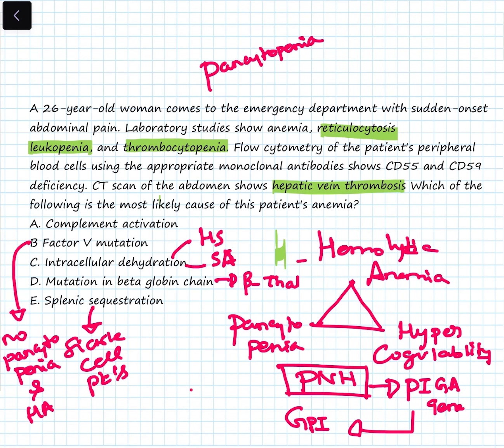This anchor protein is seen on the surface of red cells, and is responsible for binding the cluster of differentiation components CD55 and CD59, right?